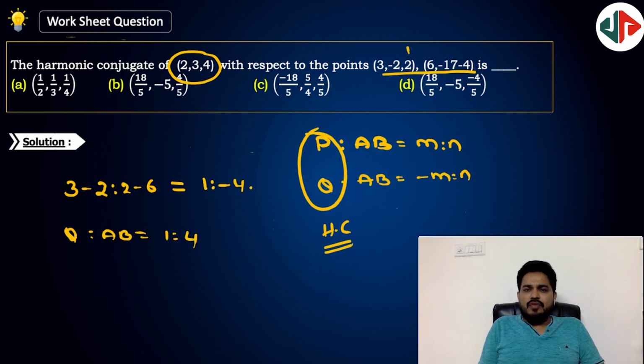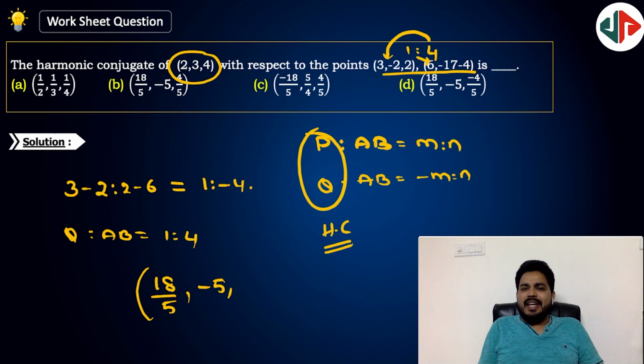So 1 is to 4 ratio means 4 times of this, 1 time of this. 12 plus 6, 18 by 5, comma, next, minus 8 minus 17, minus 25 by 5 is equal to minus 5.